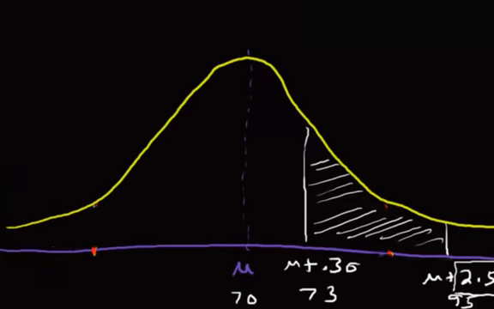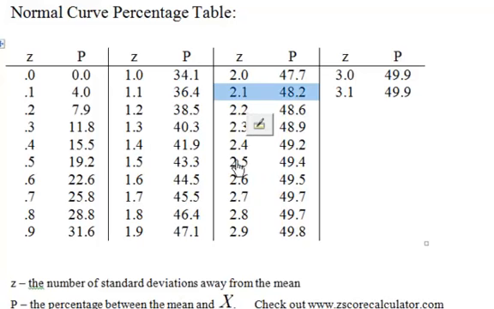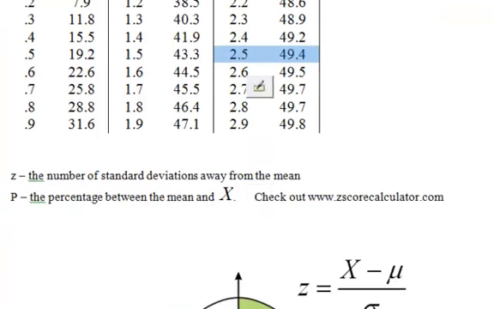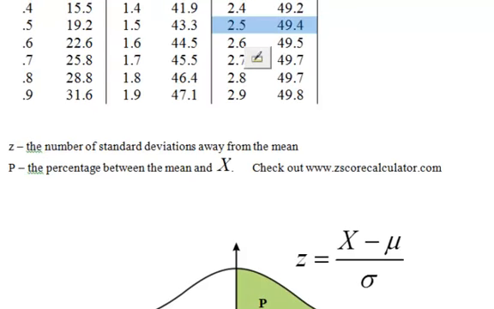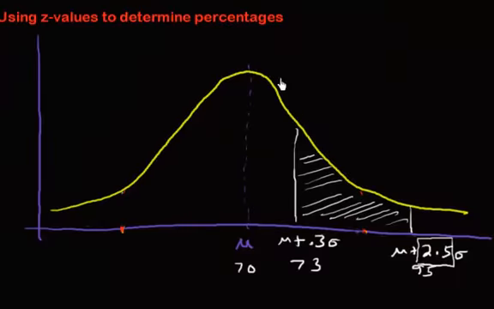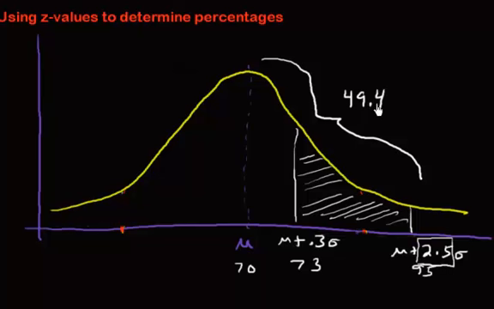Now what happens when we look up 2.5 in the normal curve table? It's 49.4%. But remember, that 49.4% represents the percentage between the mean and your particular value. So that percentage is this entire region.